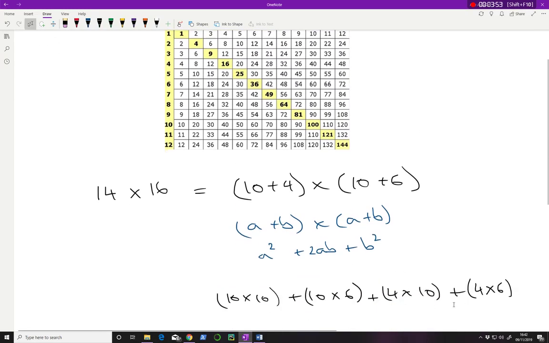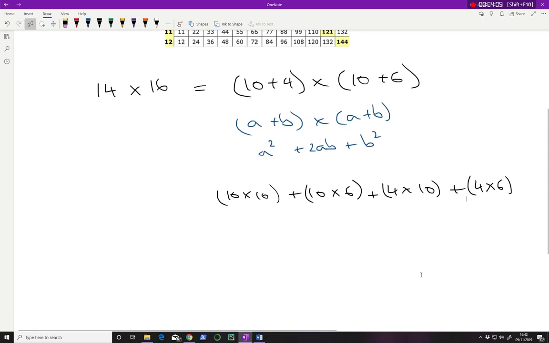So we should know what these equal, but if you didn't know, you can just read them off here. 10 times 10 is 100. 10 times 6 is 60. 4 times 10 is 40, and 4 times 6 is 24. So that leaves us with 100 plus 60 plus 40 plus 24. And when we add those together, we get 224.